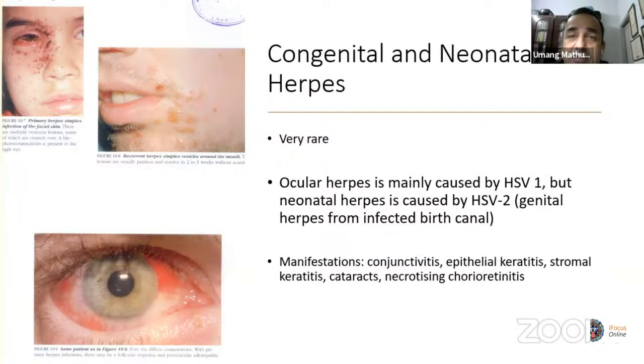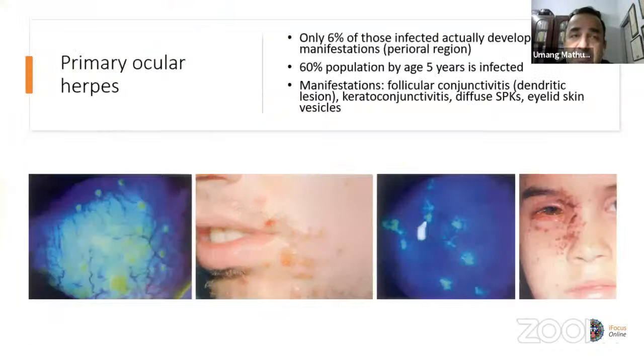But congenital and neonatal herpes is HSV2. You may have manifestations as conjunctivitis, epithelial keratitis, stromal keratitis, even cataracts. But the important thing is that a lot of these children need ICUs for IV acyclovir treatment.